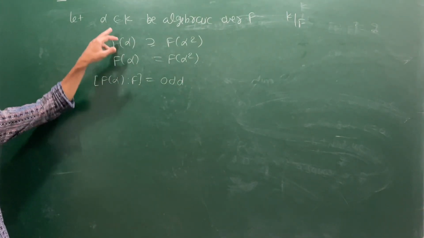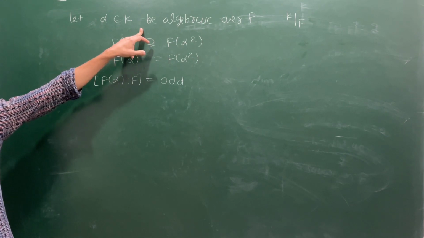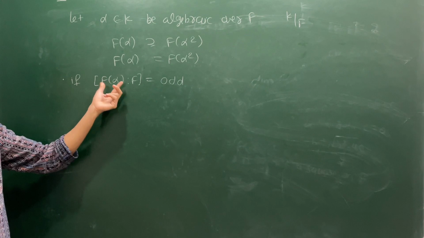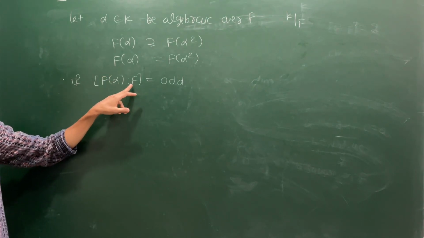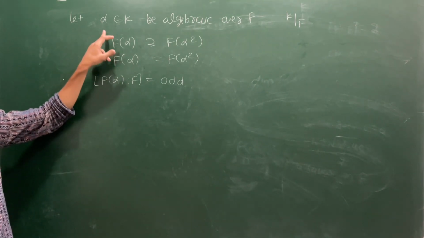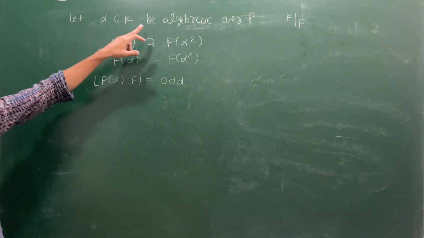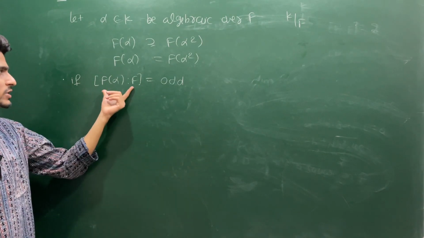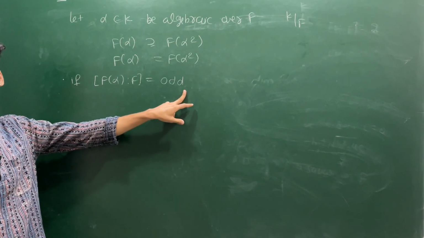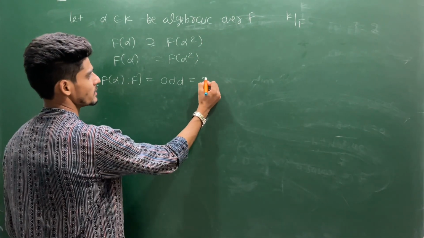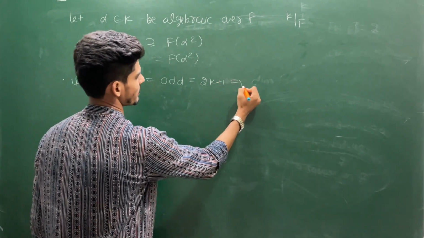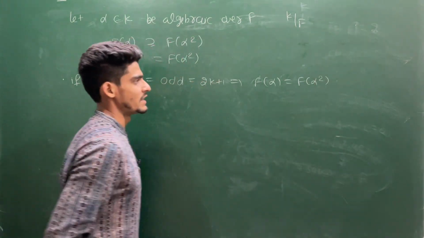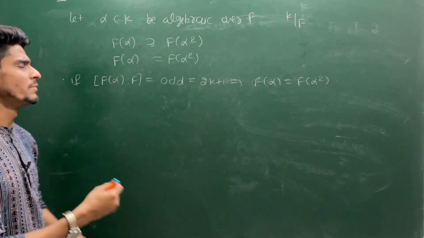Clearly this must be finite because I am choosing alpha to be an algebraic element over F. So F(alpha) will be a vector space over F and will be of dimension which is same as the degree of alpha, and the degree of alpha will be a finite number because it is an algebraic element over F. So if you choose the degree of extension of F(alpha) over F to be an odd number, suppose it is of the form 2k plus 1, then this implies F(alpha) and F(alpha square), both the extensions are same.